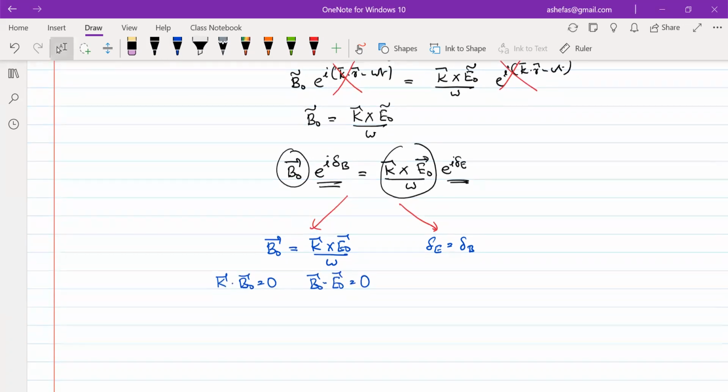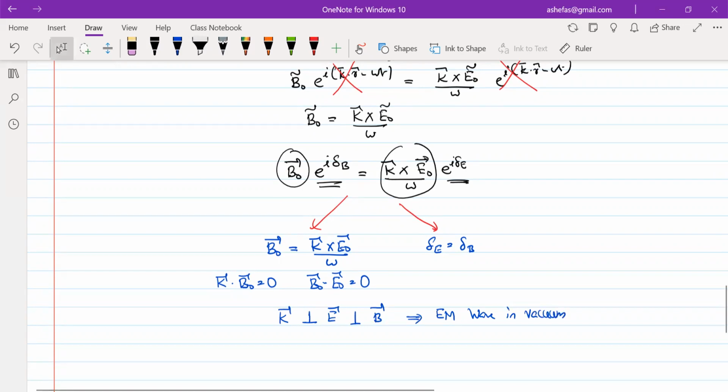So finally what we can say is that the direction of propagation, electric field and magnetic field, all three are mutually perpendicular for an electromagnetic wave in vacuum. And this condition is called the transversality condition.